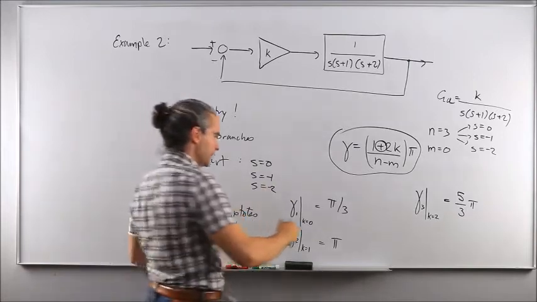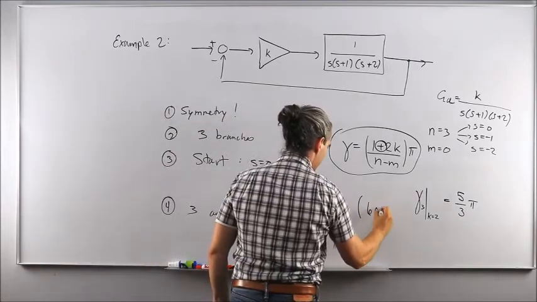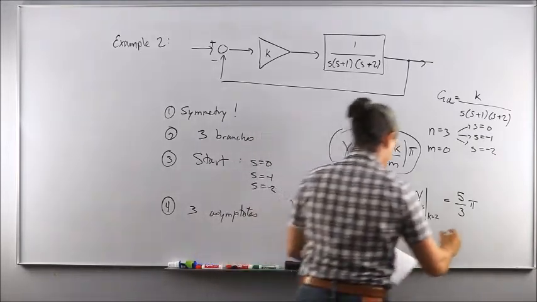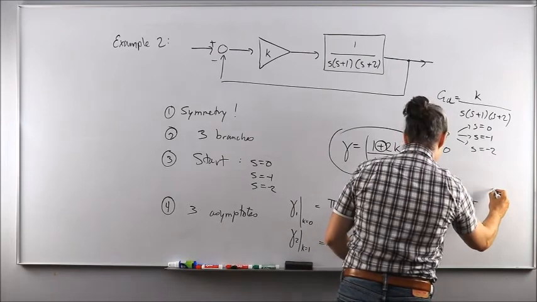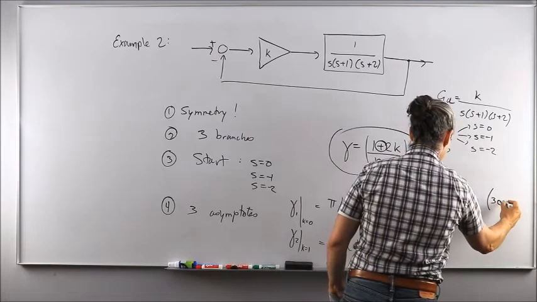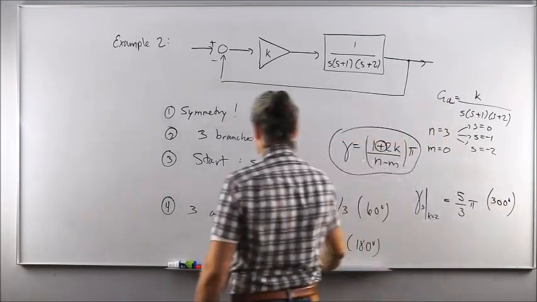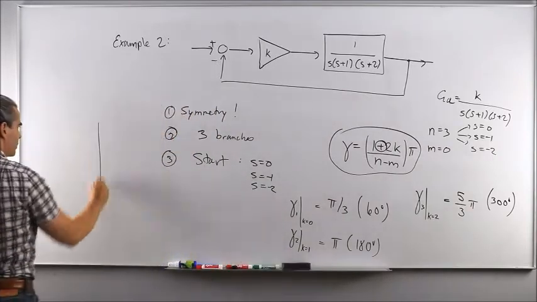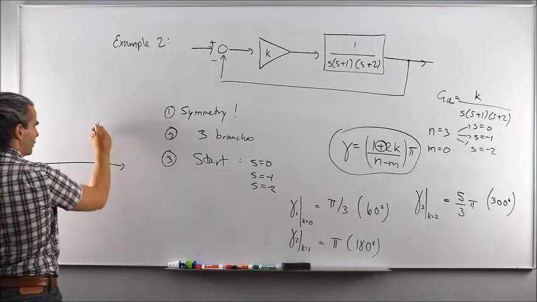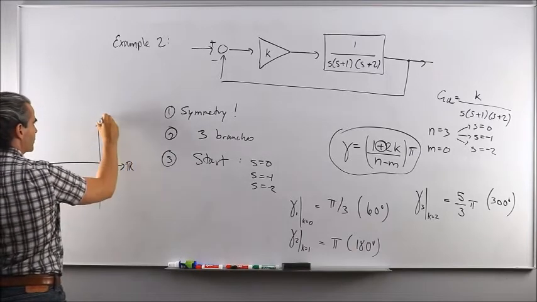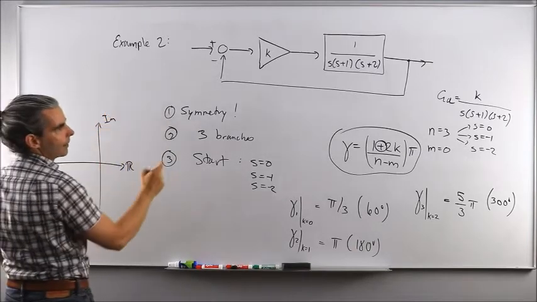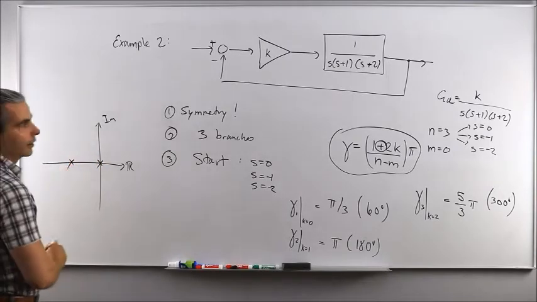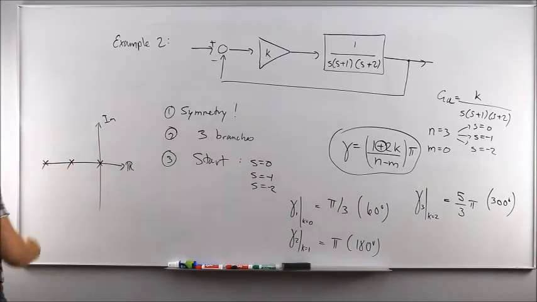Or in terms of degrees, this is equivalent to 60 degrees, 180 degrees, and 300 degrees. That's convenient because if I go back to my root locus, and I usually start laying things down after step 4, I had 1 pole at 0, 1 at minus 1, and 1 at minus 2, like that.